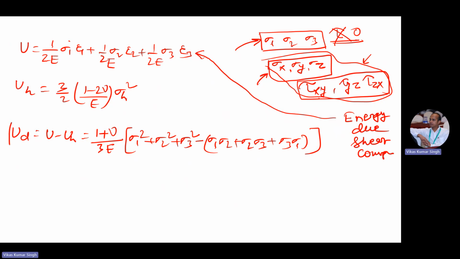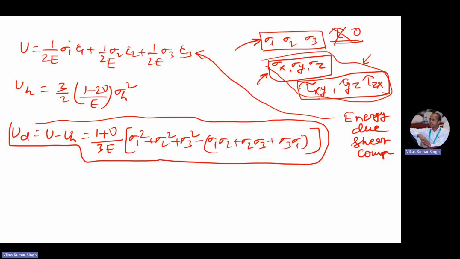So we have now derived this. This is the energy required to distort the material plastically. So if this much energy is put into the material, it will deform, distort, and deform plastically.